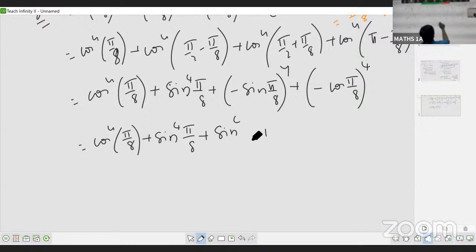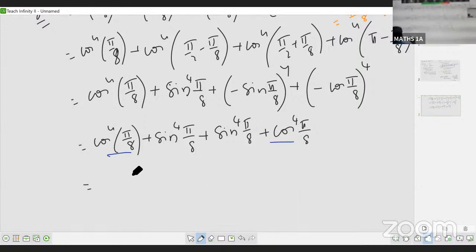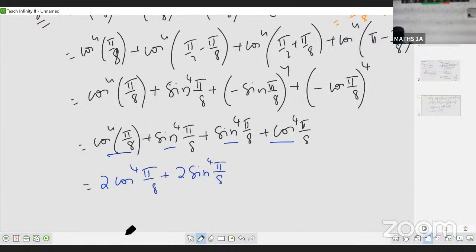Sine to the power 4 pi by 8 plus cos to the power 4 pi by 8. Is it clear? Now this and this are the same, so 2 cos to the power 4 pi by 8. This and this are the same, 2 sine to the power 4 pi by 8.